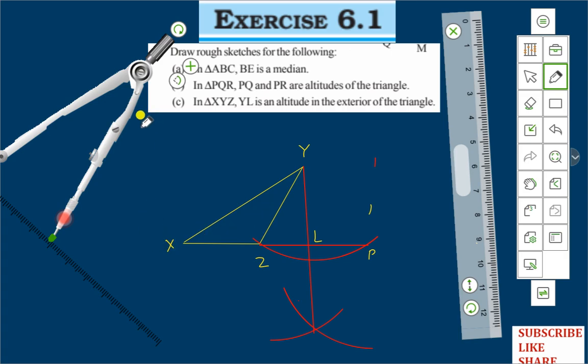Therefore, we can say that in triangle XYZ, YL is an altitude in the exterior of the triangle.